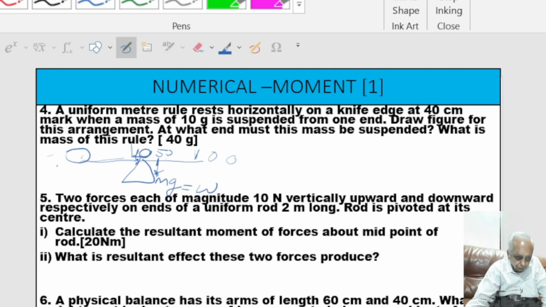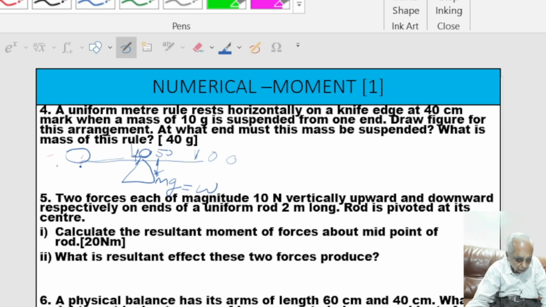Now a mass of 10 gram is suspended either at this end or at that end. We have to decide at which end it must be suspended for the ruler to remain in equilibrium. The ruler's weight creates a moment in the clockwise direction, so the suspended weight should create a moment in the opposite direction, anti-clockwise.